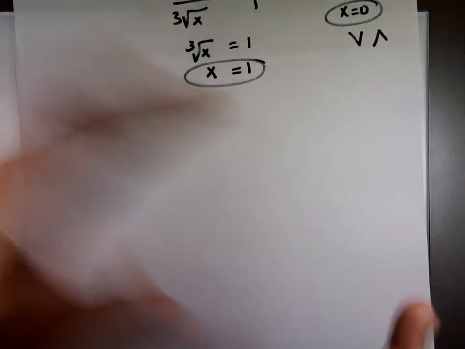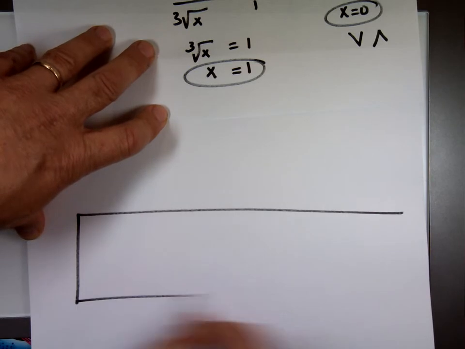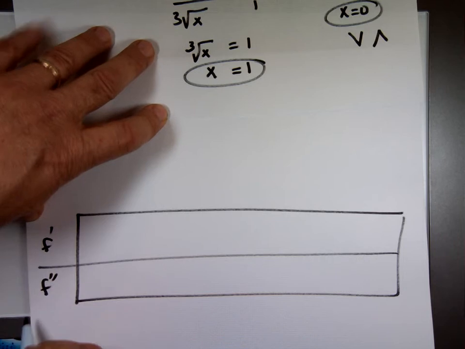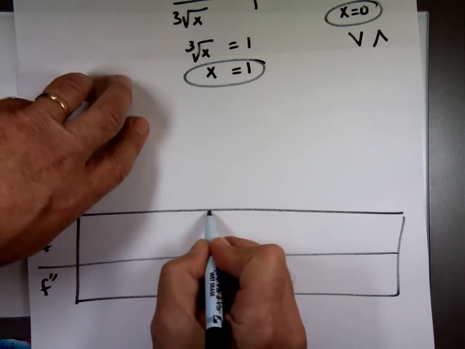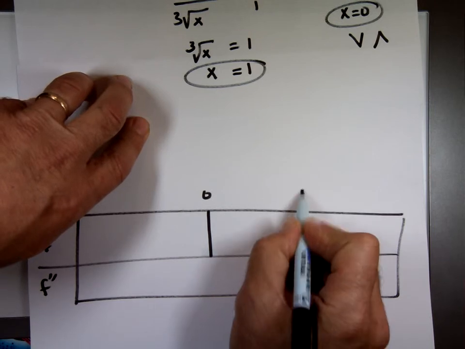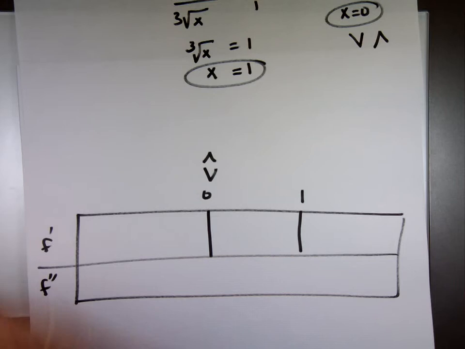Here's my box. F prime, F double prime. I get 2 numbers, the 0 and the 1. And to remind myself, maybe I'll put a V here or something just to remind me. Either upside down V or it's going to be one of those shapes at 0.